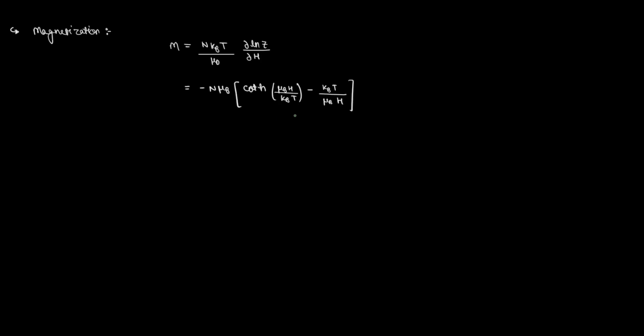And if you remember from the theory of paramagnetism, this is nothing but the Langevin function of mu bh divided by kBT. So therefore the magnetization in this case will be equal to minus n mu b times Langevin function of mu bh divided by kBT.